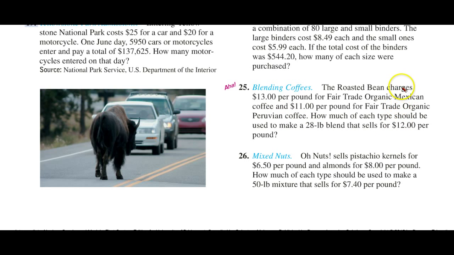So we have Mexican. I think we can use M for this one. And we have Peruvian, so we can use P for that one. So our first equation, I believe, would be the amount of Mexican, how many pounds of Mexican coffee, plus Peruvian coffee. We said that's going to be 28 pounds. Now, the Mexican is 13.